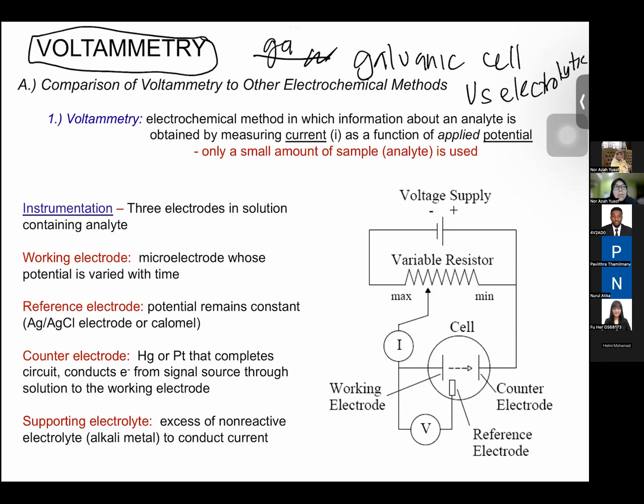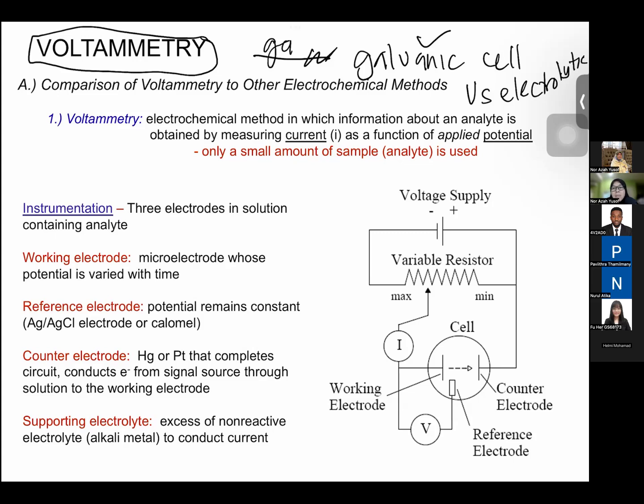If you remember, for a galvanic cell, when you mix together two chemical reagents, probably two metal ion solutions, the reaction happens spontaneously. The easiest example of a galvanic cell is the pH meter. When you dip the electrode or the probe inside the solution, you will get the reading of pH.